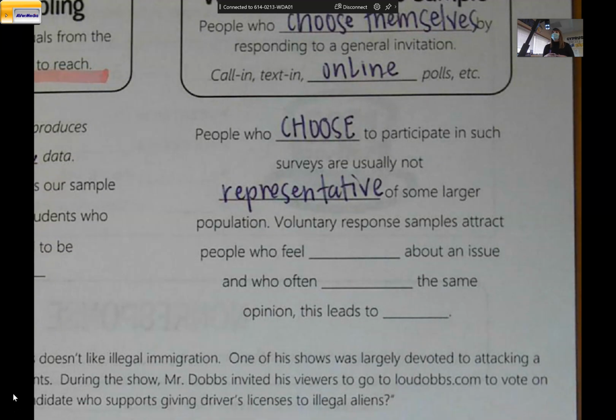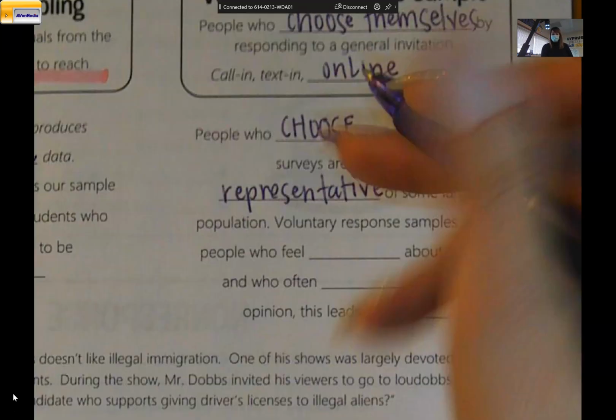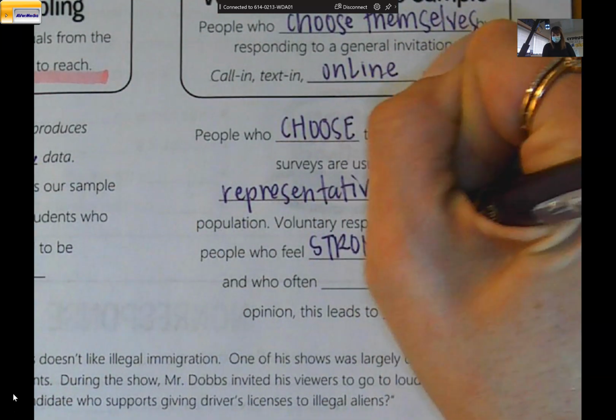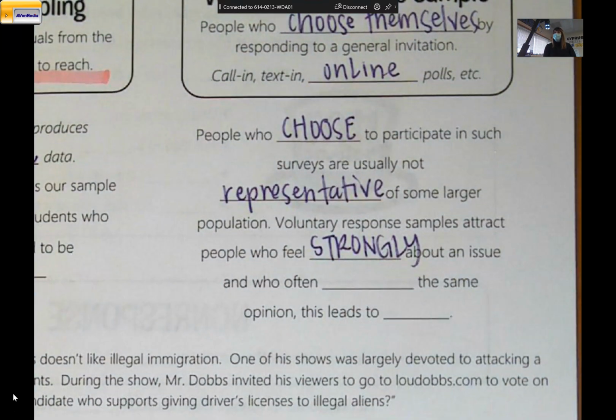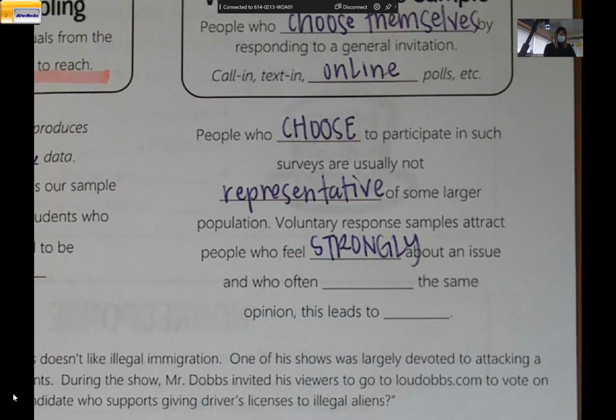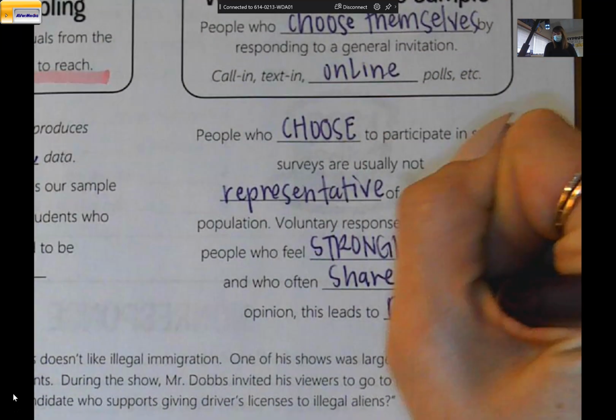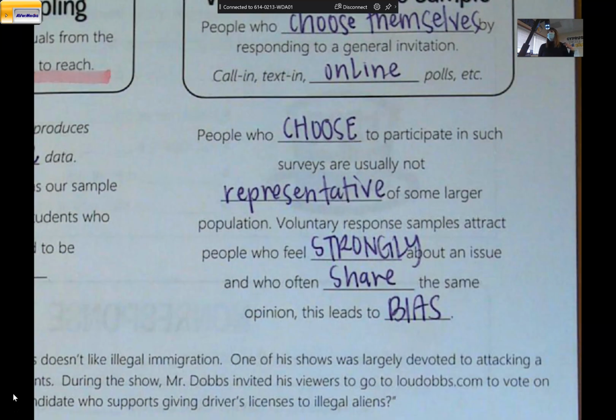Voluntary response samples attract people who feel strongly about an issue and who often share the same opinion, which leads to bias. And I'll be more specific about that in the next example.